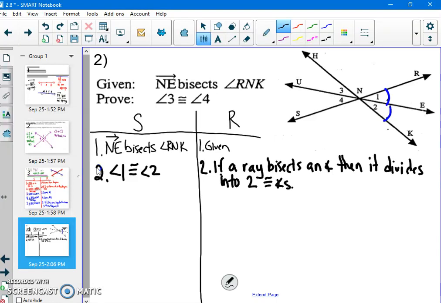Alright, then number 3, we want to prove 3 and 4 are congruent.